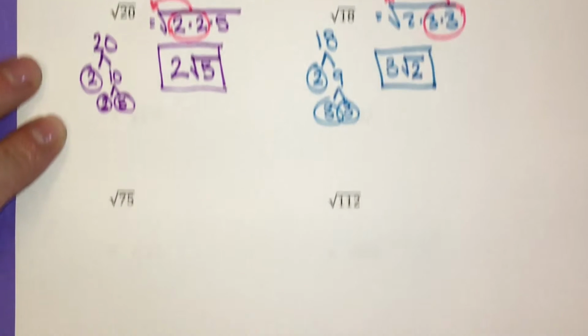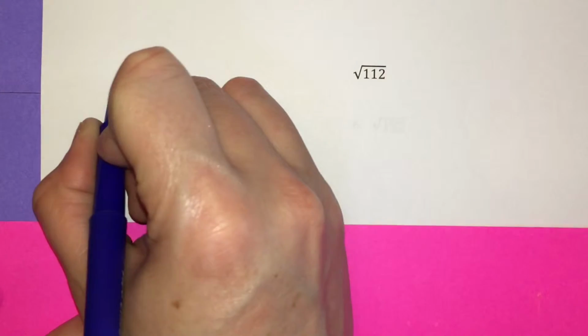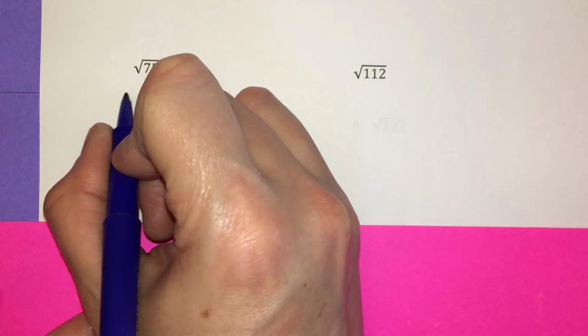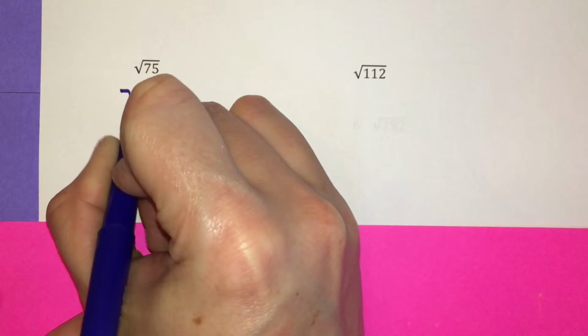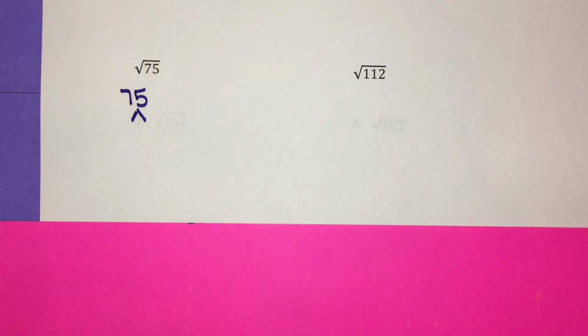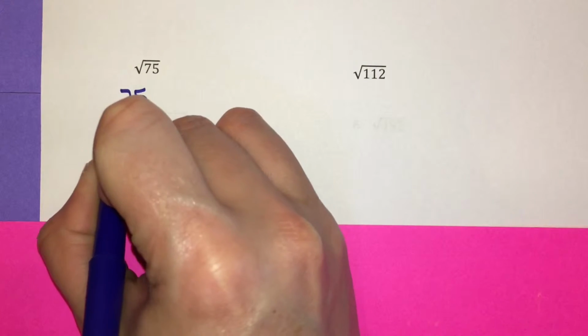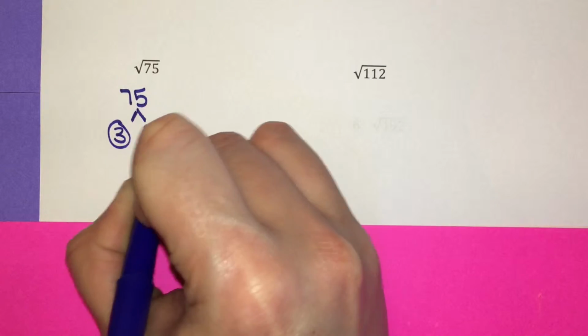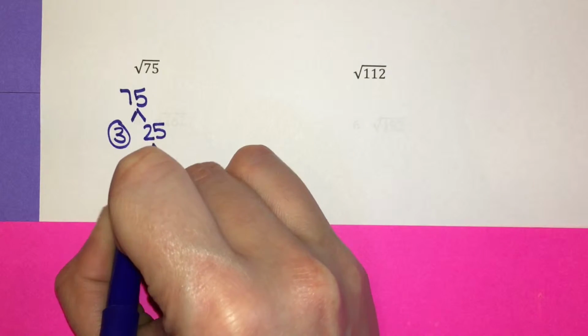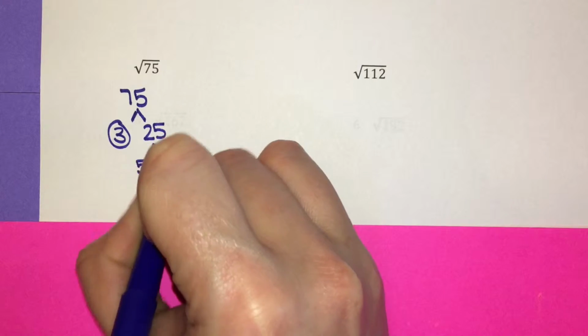All right, so let's try a couple more. 75. When you're breaking it down, it doesn't matter how you factor it because you'll still get to the same prime factors. You might do it differently than me, but we'll still get to the same numbers. So I'm going to say this is 3 times 25, and 25 breaks down to 5 times 5.